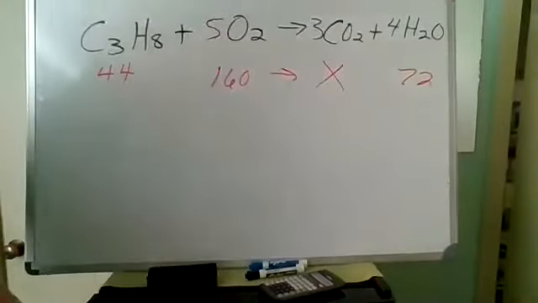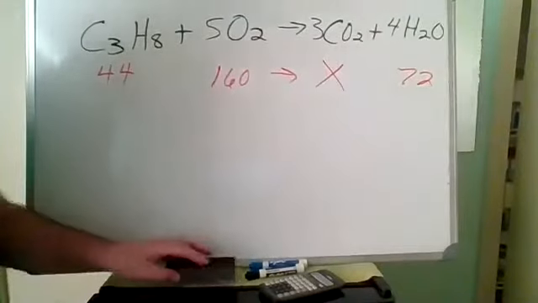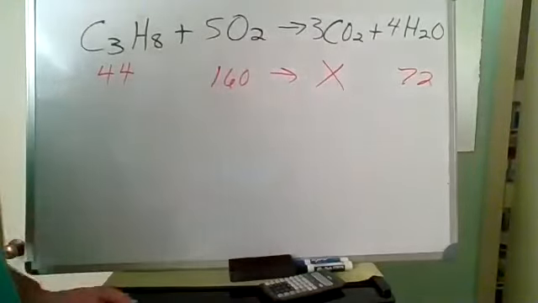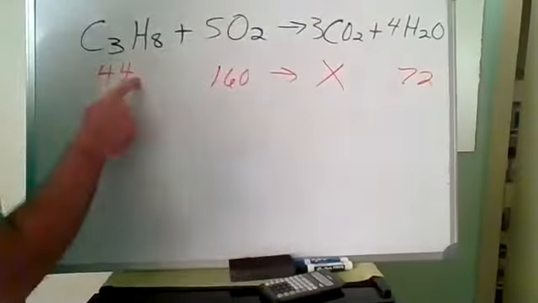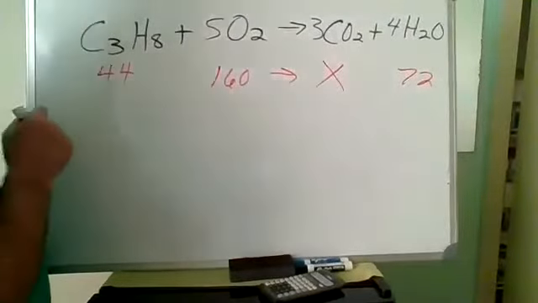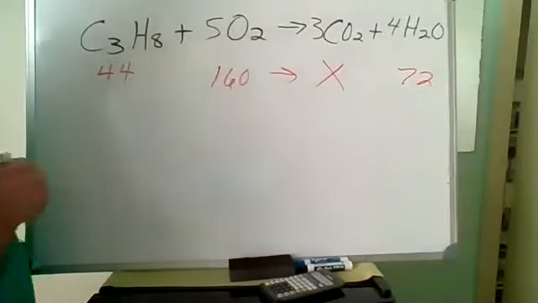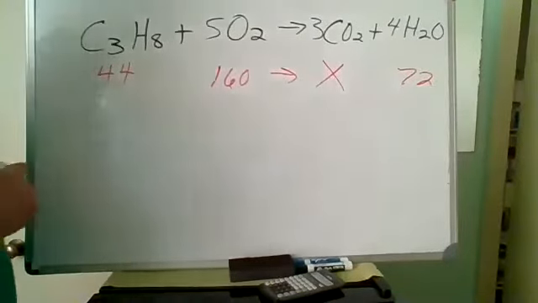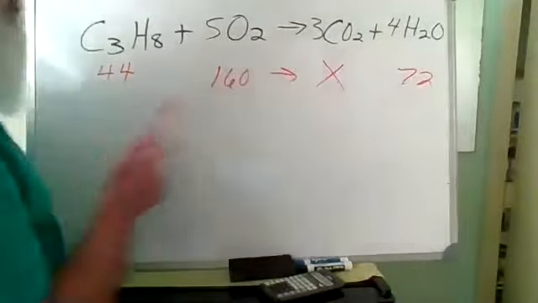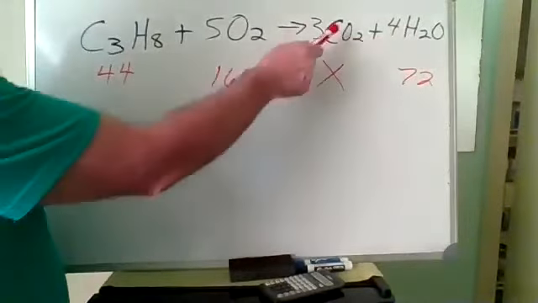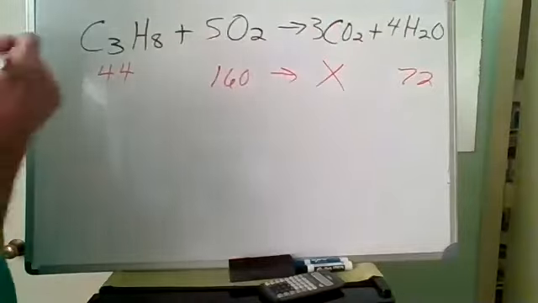This is a pertinent problem nowadays with all this talk about global warming. So again, 44 grams of propane are burned in the presence of 160 grams of molecular oxygen to produce 72 grams of water vapor and some unknown amount of carbon dioxide gas.